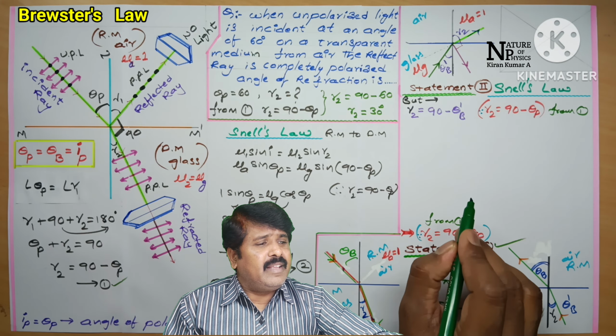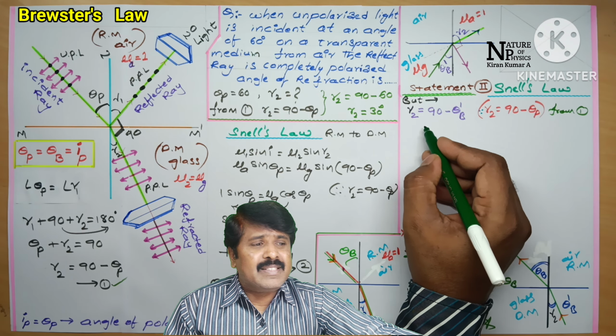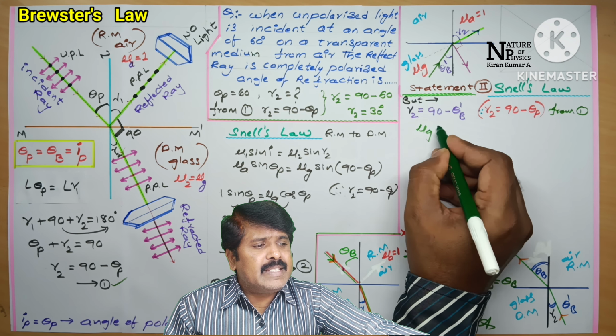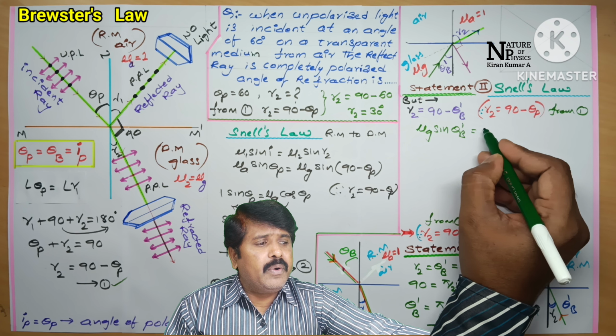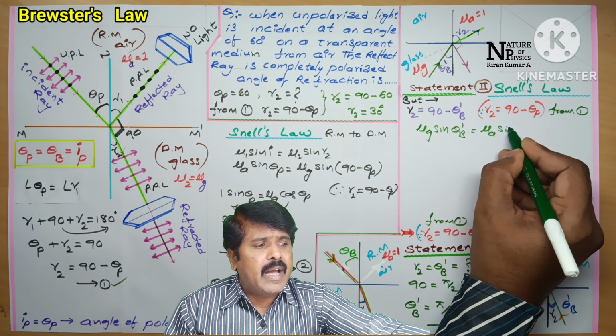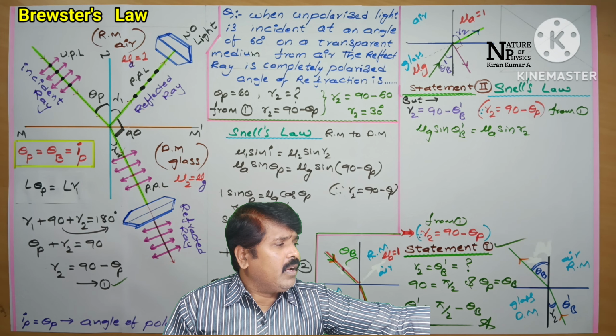Okay student, then applying Snell's law, mu g sin theta b dash is equal to mu air sin R2, according to the question.